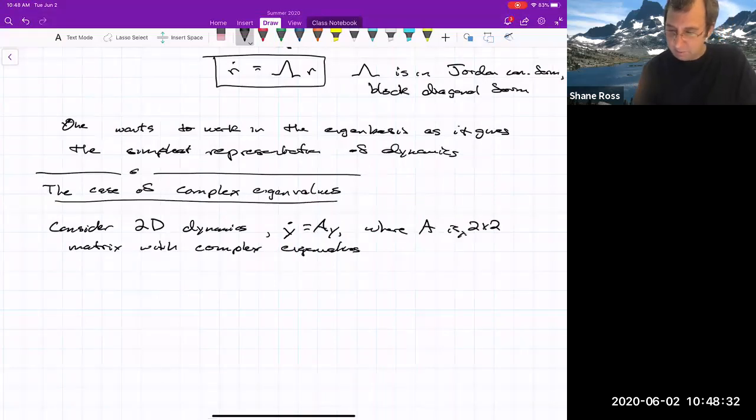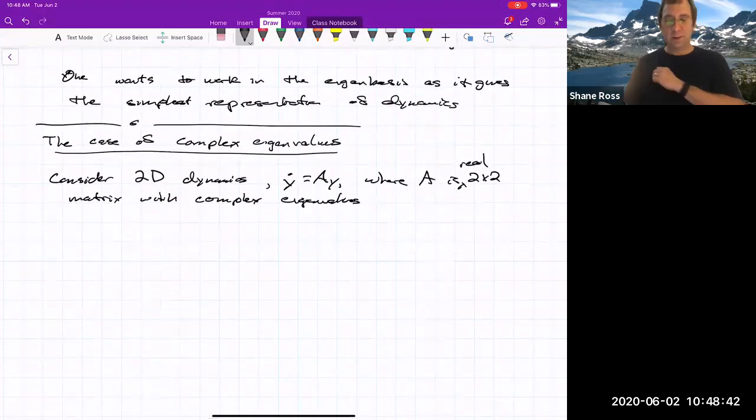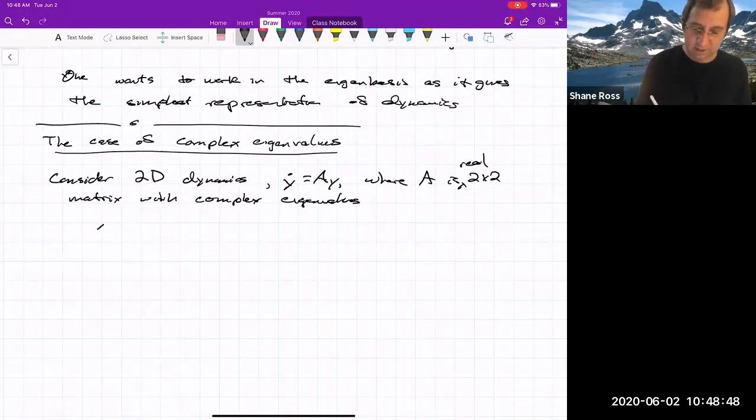Hopefully it goes without saying, A is a real matrix. So if A is a real matrix, then if it has one complex eigenvalue, the conjugate must also come along with it. So that means it has eigenvalue lambda, I'll say lambda is a plus i b, where a and b are real.